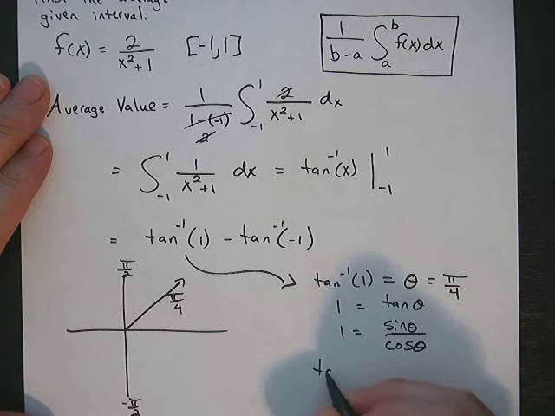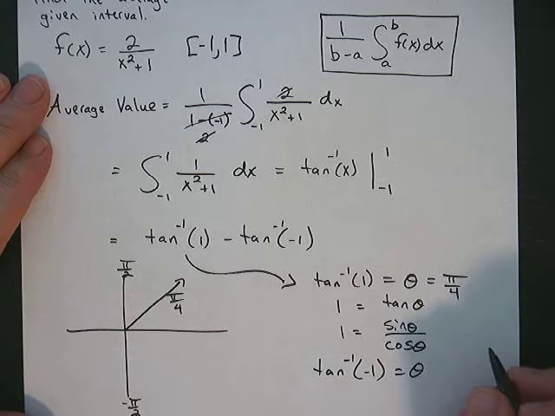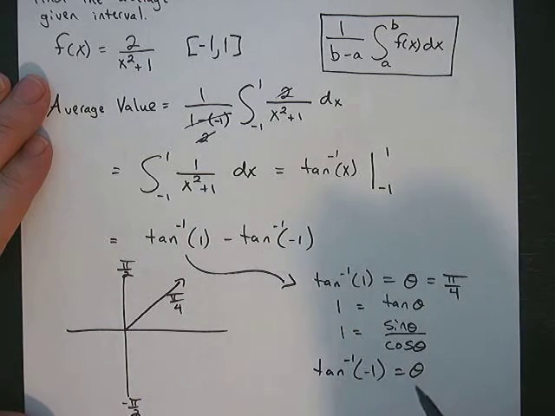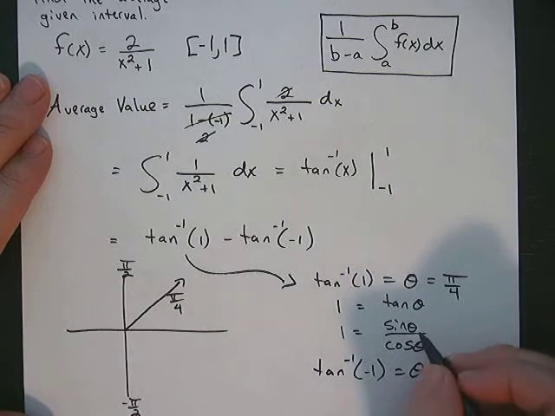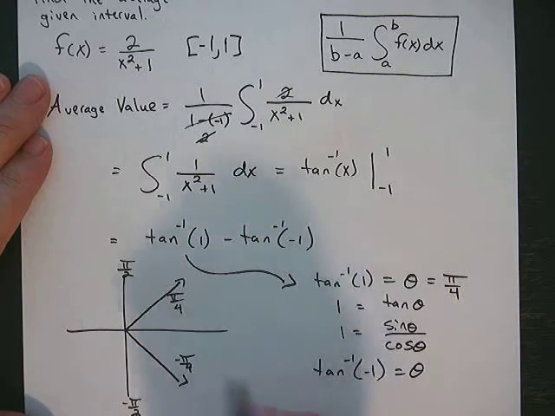Likewise, tangent inverse of -1 equals theta. Okay, where are, on -pi over 2 to pi over 2, where are sine and cosine the same except opposite signs? Okay, well, that's going to be down here in the fourth quadrant, so this is -pi over 4. Okay, so cosine down here is positive, but sine is not.